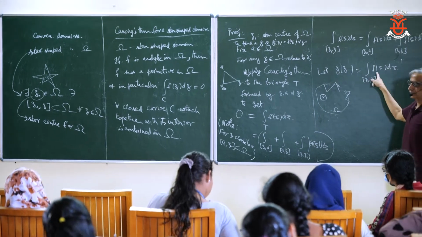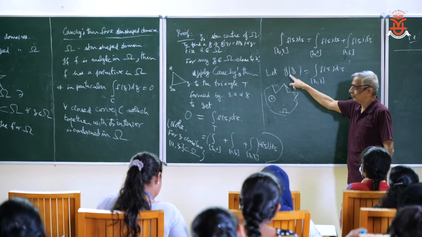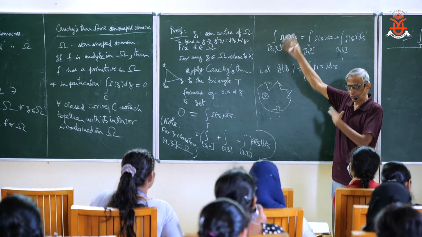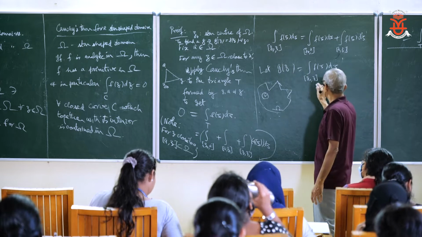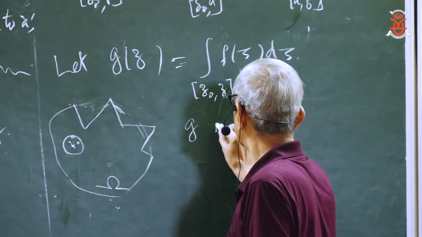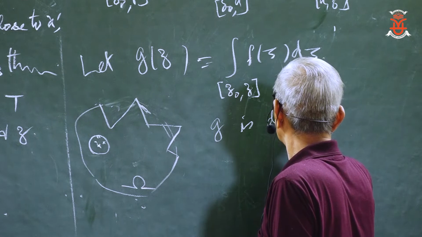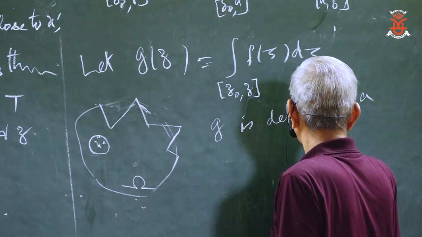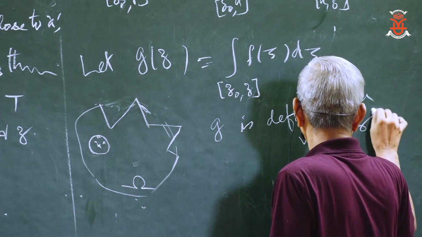So if you call this g(z), now g is defined only in that neighborhood, right? g is not defined on the whole of omega. So g is defined in a neighborhood of a.